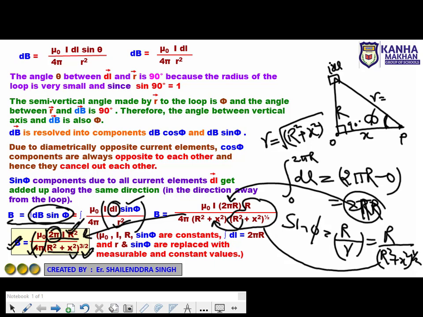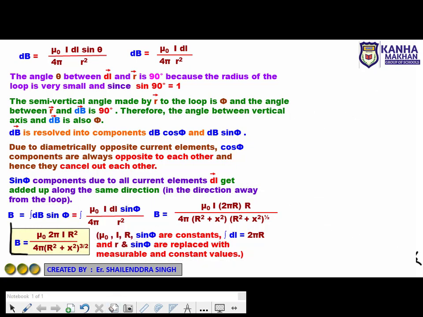Mu naught is the permeability of free space, I is the current, R is the radius, and these are constants always. So you replace small r and sin phi with measurable and constant values, and finally we find the final formula as given on the board. It is the final formula of the magnetic field due to the loop at the point P, which must be situated on the axis of it.